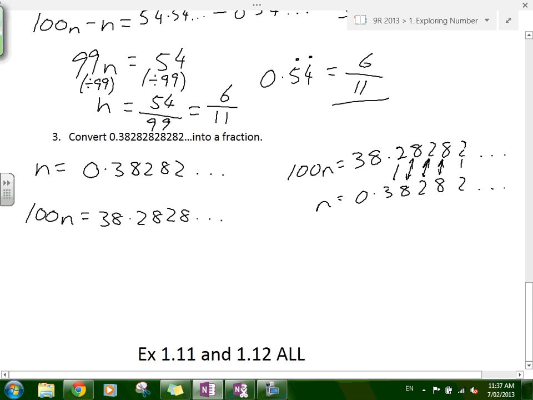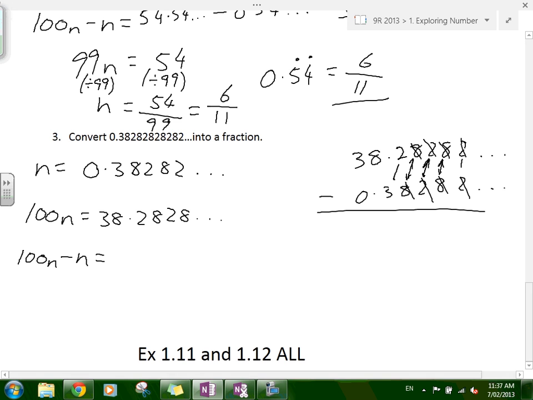Alright. And so if we do 100n minus n, if I subtract these, what's going to happen is this 2 cancels out, these 8s cancel out, these 2s cancel out, 8s cancel out. Now what I'm left with is 38.2 minus 0.3.